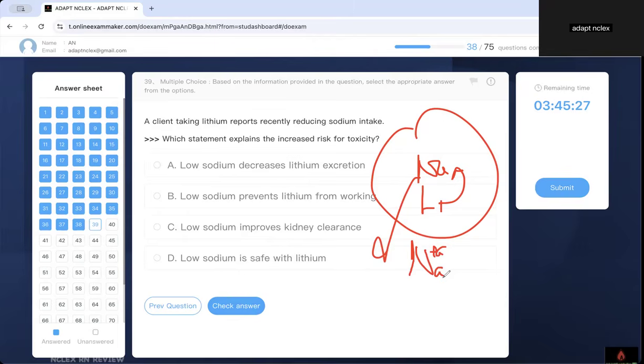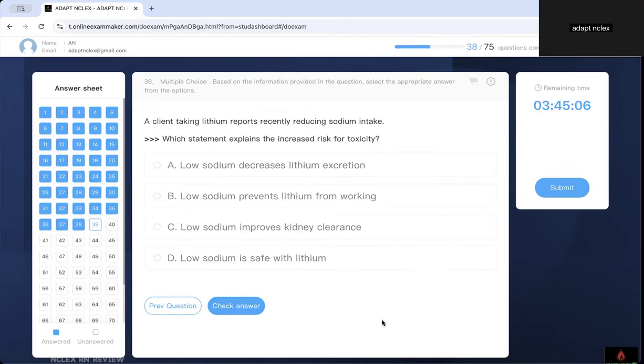And the only way you can get it is to reabsorb more lithium. Therefore, low sodium means I'm going to increase my lithium level. The kidney will absorb all of them. Which answer choice explains that? When you have low sodium, the kidney is going to increase absorption of your lithium.